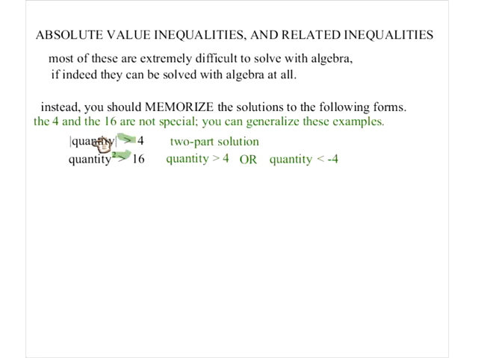Thinking about a number line may help here, because the absolute value is basically the size or magnitude of something. If you think about where all the numbers are whose magnitudes are bigger than 4, that's where they are. And by the way, this is actually the solution to both of these equations.